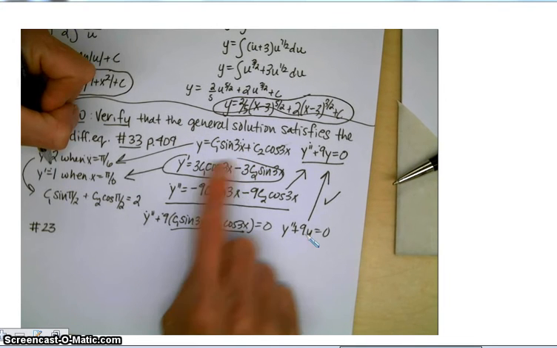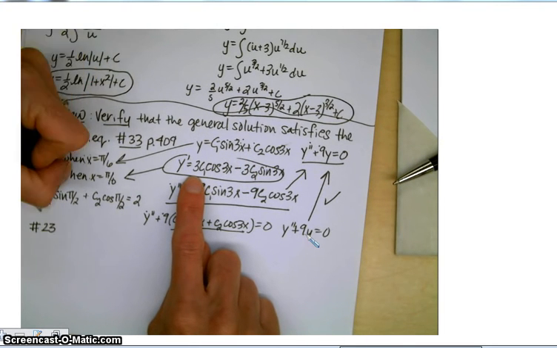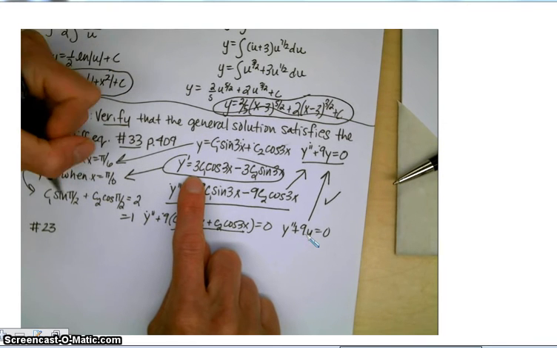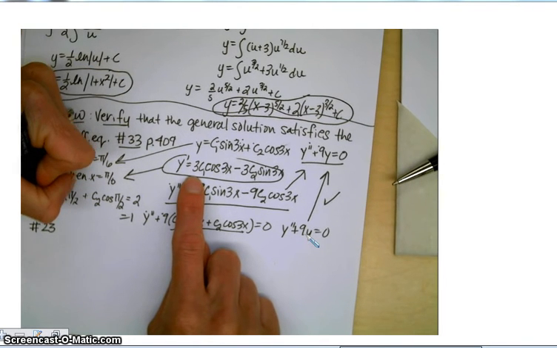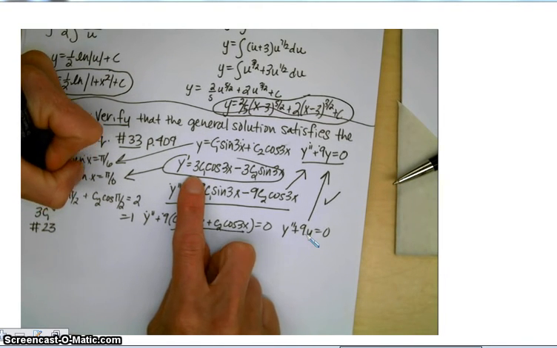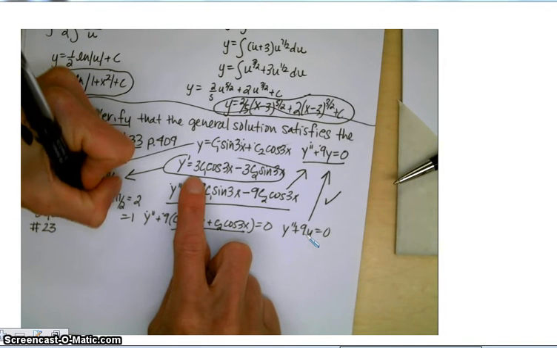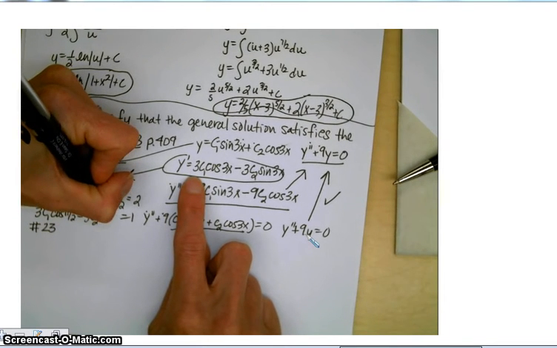And then I should also have the case where the first derivative is 1 when x is pi over 6. So that would be 3c1 times the cosine of pi over 2 minus 3c2 times the sine of pi over 2.